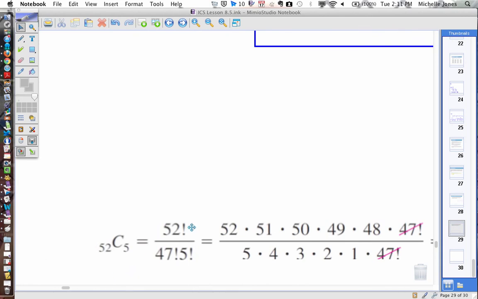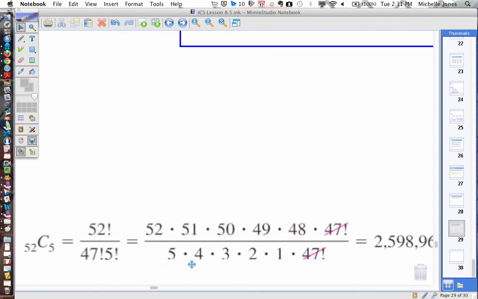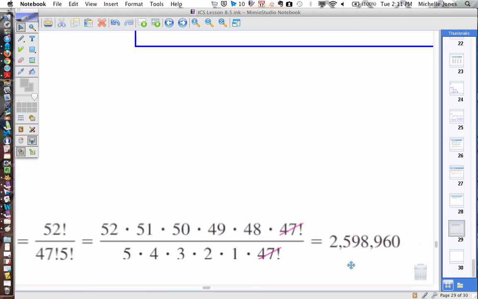So remember, it's n factorial, your 52, over the difference of the two of them times r factorial. Well, that's a huge number. There's no way you're going to write 52 factorial out. So remember your trick. You have 47 factorial. So go from 52 all the way to 47 factorial, which will cancel with the 47 factorial in your denominator, and then you'll just have 5, 4, 3, 2, 1 in the bottom.